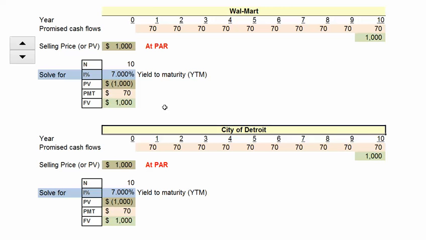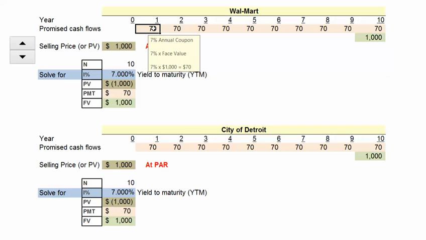And if that price was $1,000, then the yield that we would earn, the yield to maturity, would exactly equal the 7% promised coupon. My guess, though, is if you were given a choice between buying a Walmart bond that promised $70 a year for 10 years, or a bond from the city of Detroit, which has recently filed for bankruptcy, of $70 a year for 10 years, most of us would rather buy the Walmart bond.